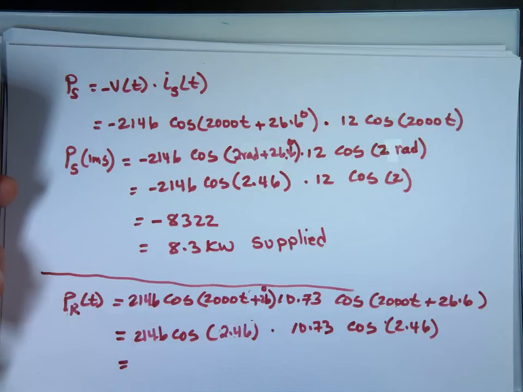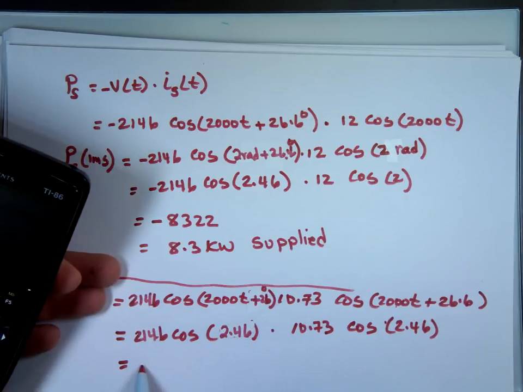2146 times cosine, cosine what? 2.46 times 10.73 times cosine 2.46.